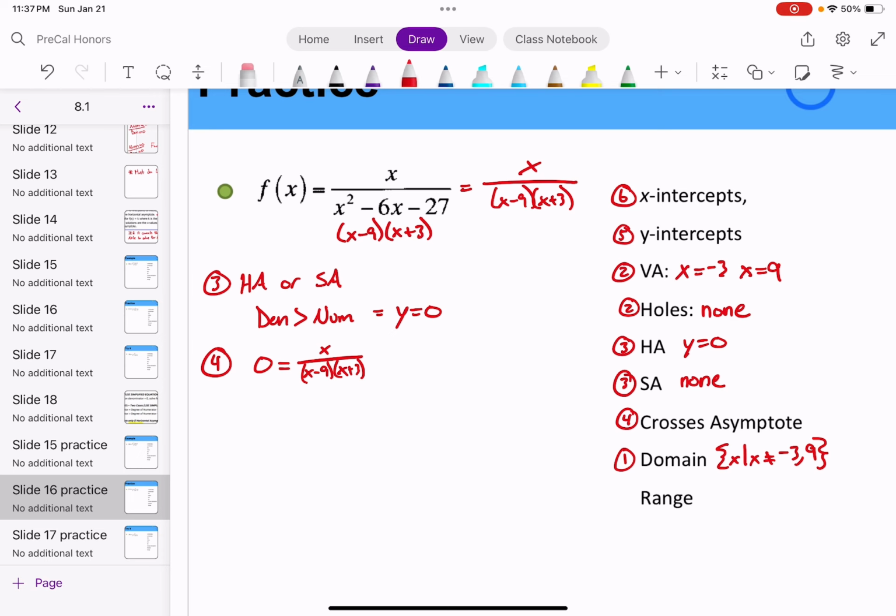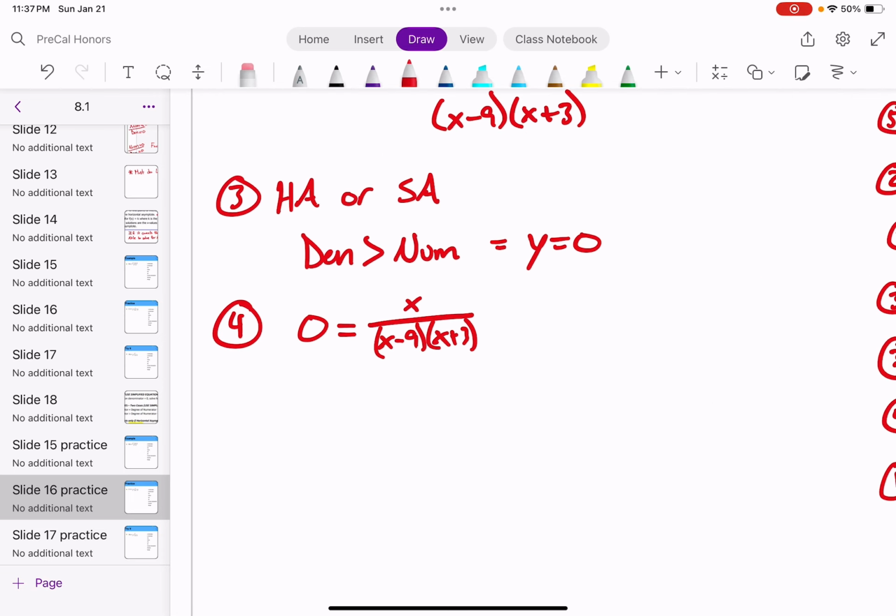And we're going to multiply both sides of that equation by our denominator, x minus 9, x plus 3, which is going to leave us with 0 is equal to x.